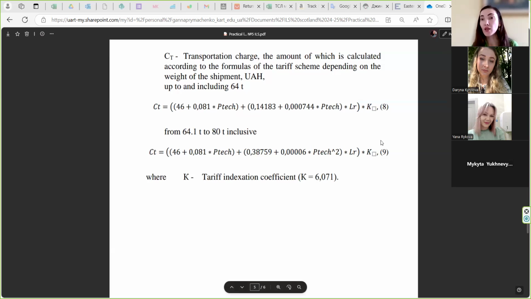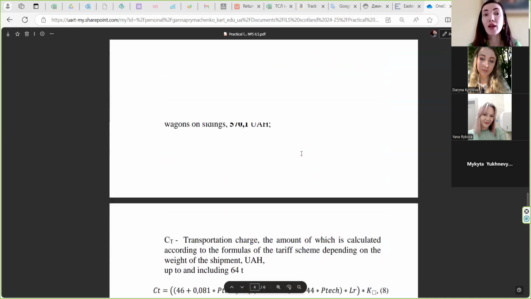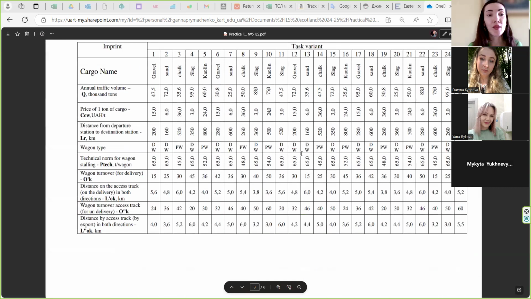I show in our table 3.1, and you can find how many tons your P with index stage is. It is the sixth parameter in our table, technical norm for wagon steering, P with index stage, tons per wagon. For example, for the first variant it is 65 tons. For the second variant it is also 65 tons, but for the third variant it is 45 tons.